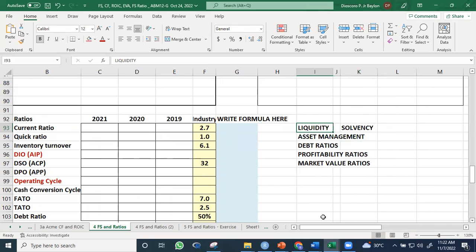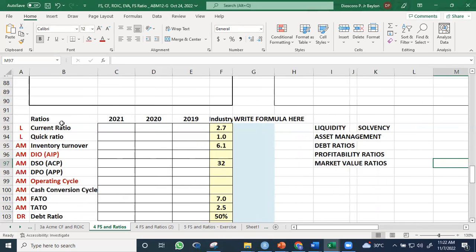Liquidity measures the capability of the firm to pay off its current obligations, while solvency looks at the company's capability to pay its long-term obligations. Okay, so we have two ratios here that deal with liquidity. Una, yung current ratio, tapos yung quick ratio.